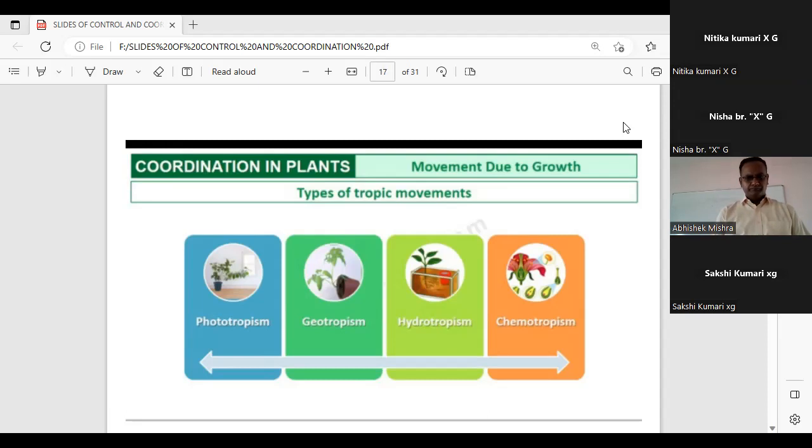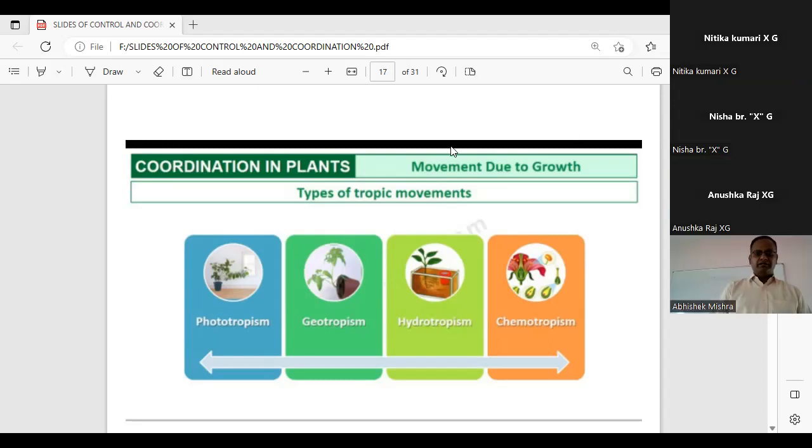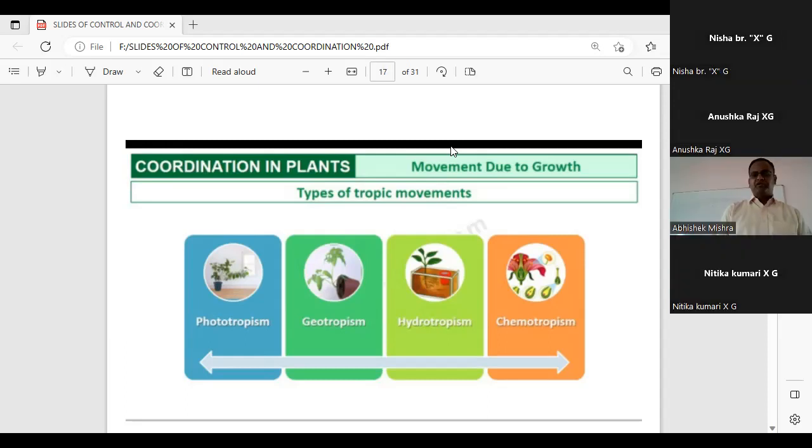Directional movement in plants in response to stimuli. That means it is definitely growth dependent. Okay, Nitika, correct. Very good.